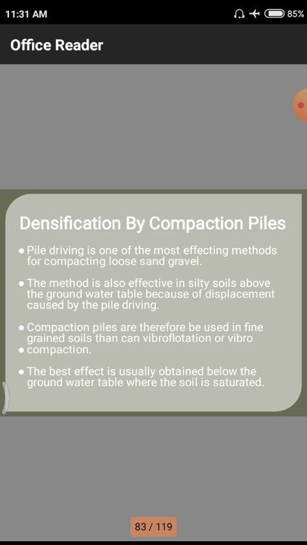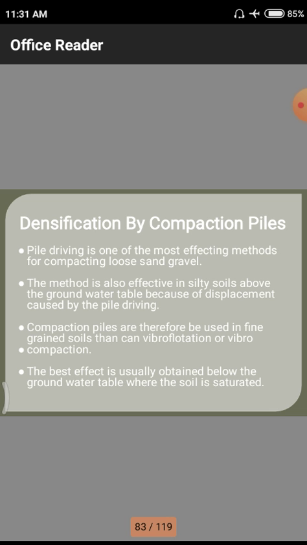These piles are driven into the soil to remove the water quantity in the soil, so that if the water quantity is less, automatically the soil bearing capacity will be high.